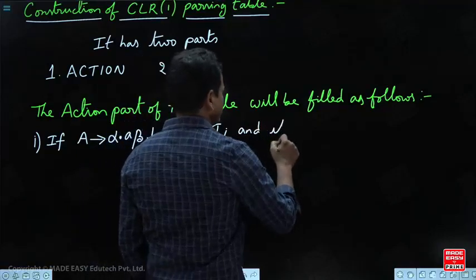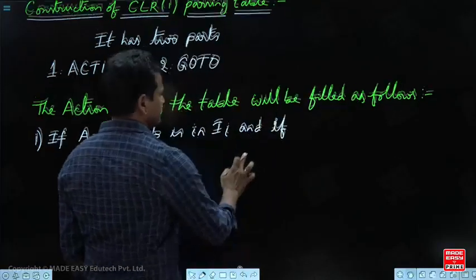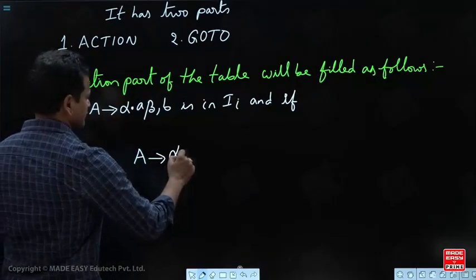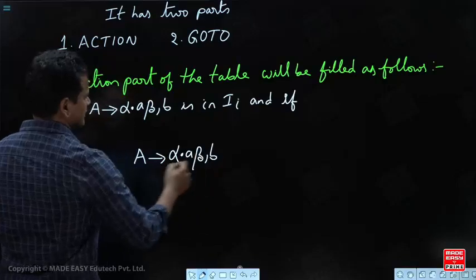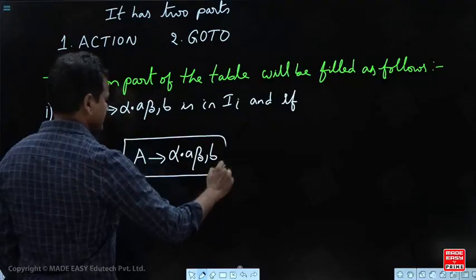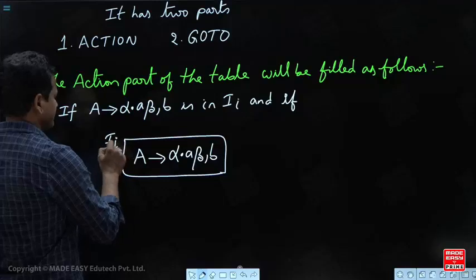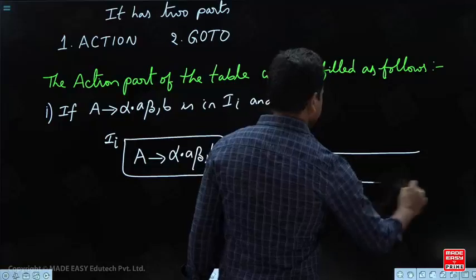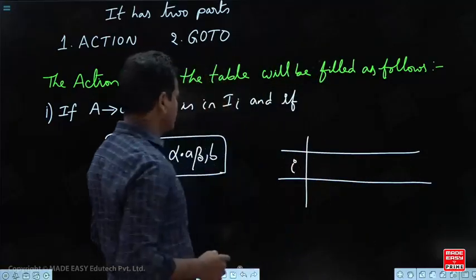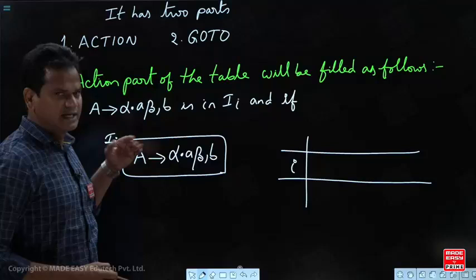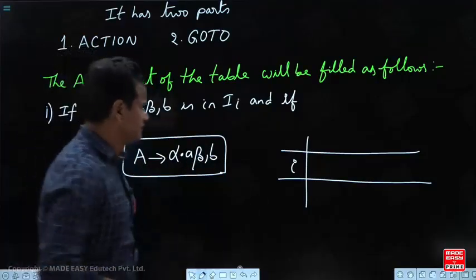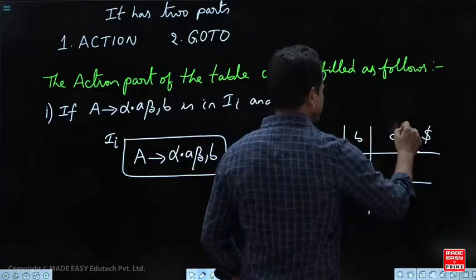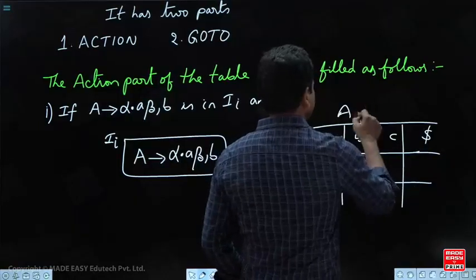Suppose there is a production like this, A derives alpha dot A beta comma B in some state, let it be Ii. So for this production, how to fill in the table? In the ith row. Why ith row? Because the name of the state is Ii. If it is I0, 0th row, I1 first row. And suppose the terminals are A, B, C and $. These are the terminals, and this is the action part.